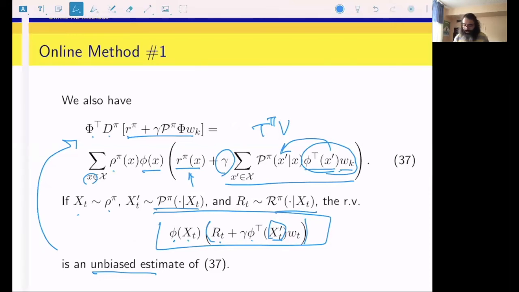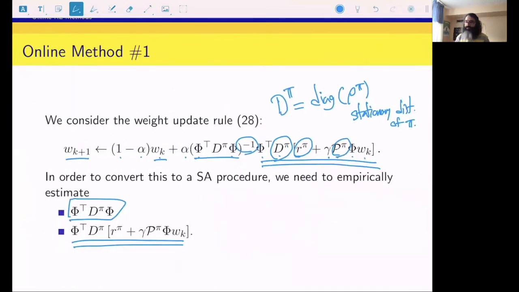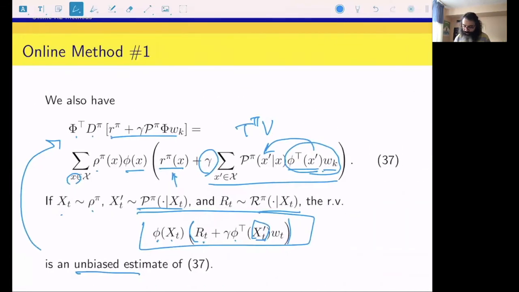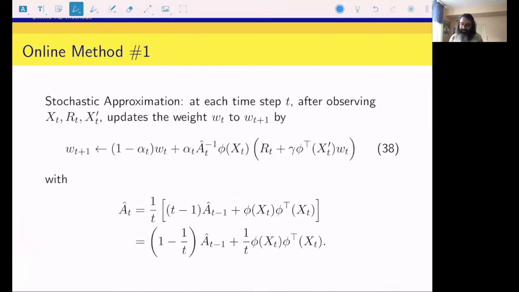So here we have this dynamical system that is deterministic. We converted it to a noisy version of it. And what we would get would be something like this.